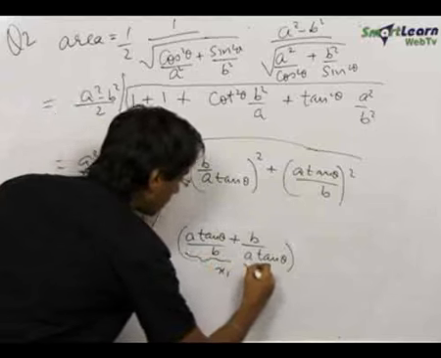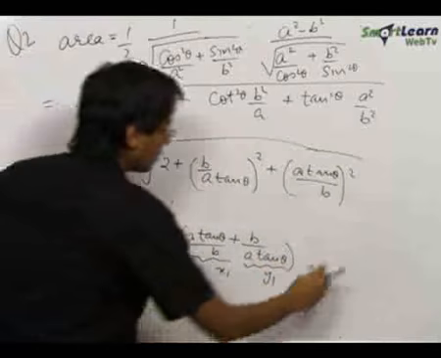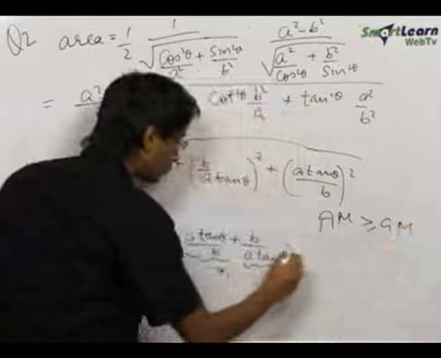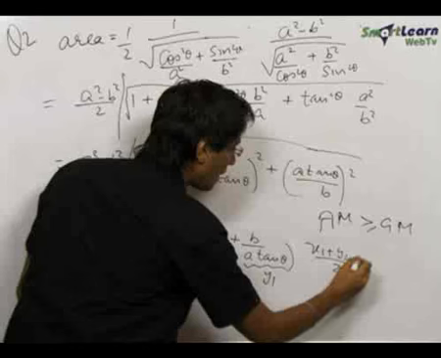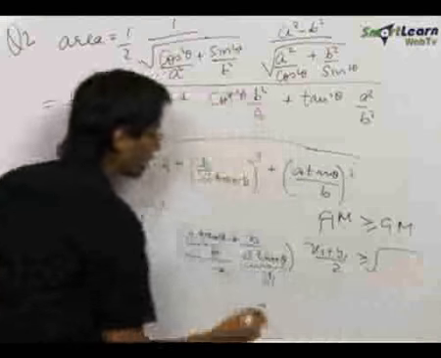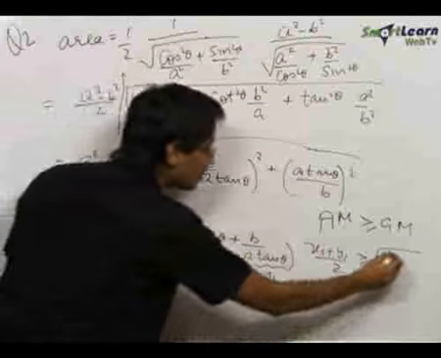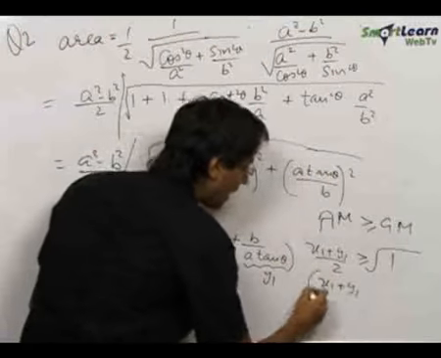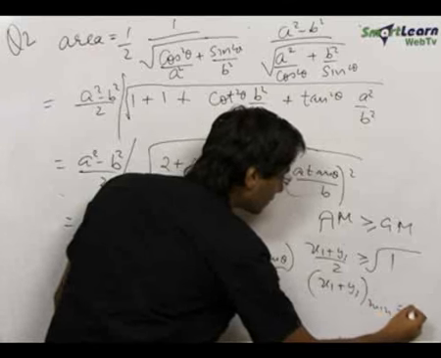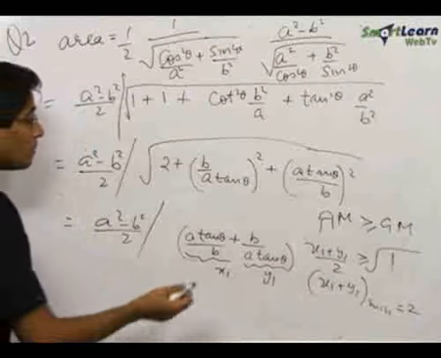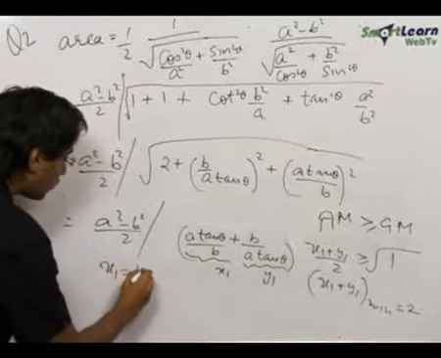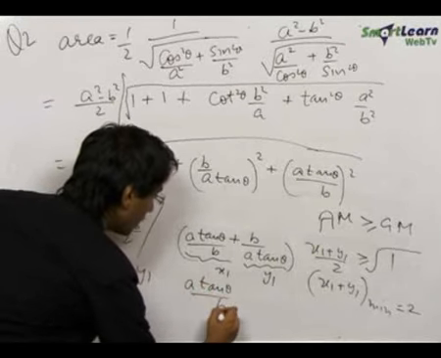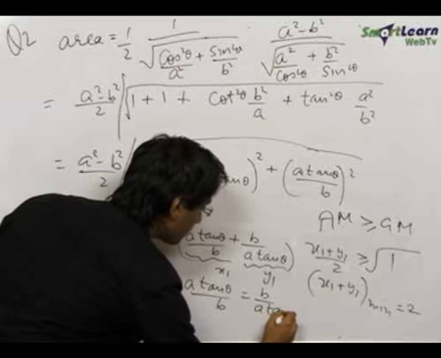Considering this as x1 and this as y1, from the inequality AM greater than or equal to GM, we have x1 plus y1 by 2 is greater than or equal to under root of x1 into y1, and we know that x1 into y1 is 1. So x1 plus y1 is greater than or equal to 2, and hence the minimum value of x1 plus y1 is 2. The minimum value occurs when x1 is equal to y1, that is a tan theta by b is equal to b upon a tan theta.